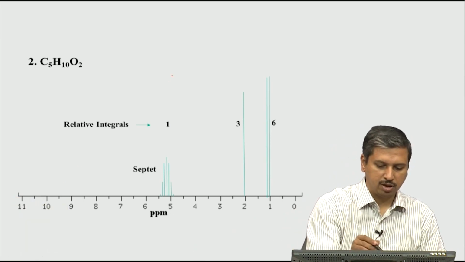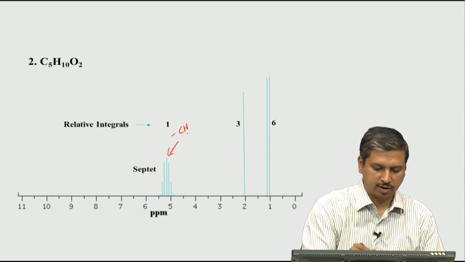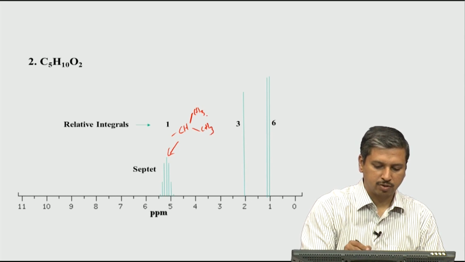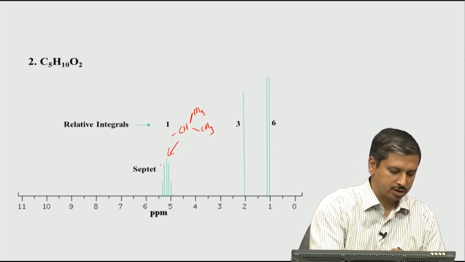This particular peak probably comes from a CH, 1 hydrogen, coupled to 2 CH3s. Only then, 3 plus 3 is 6, plus 1 is 7, do you expect 7 peaks. So, basically this is an isopropyl moiety.